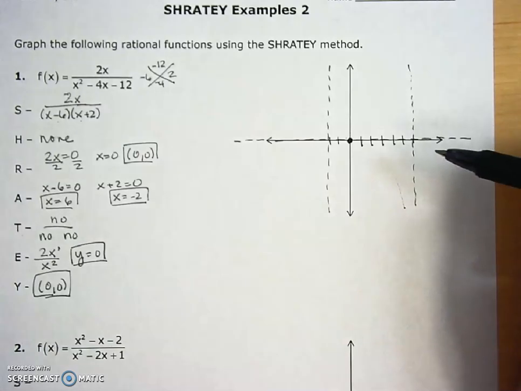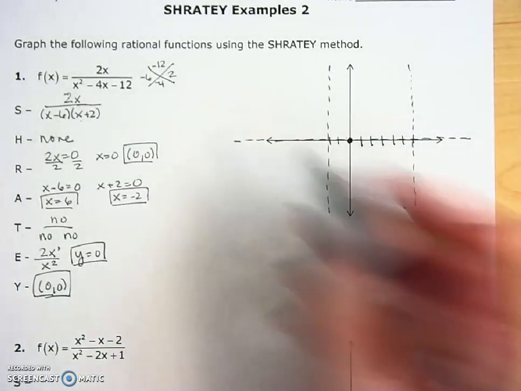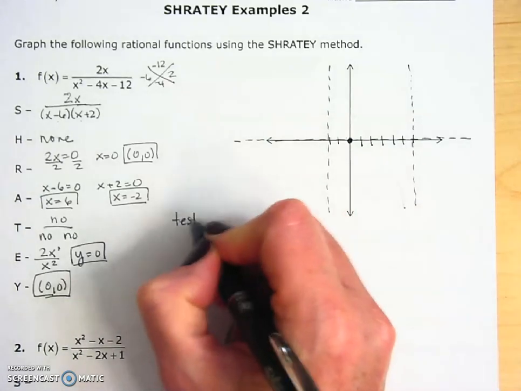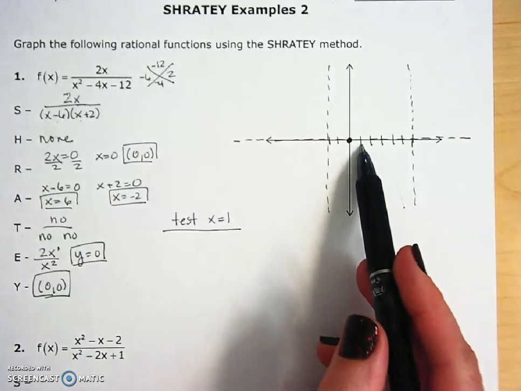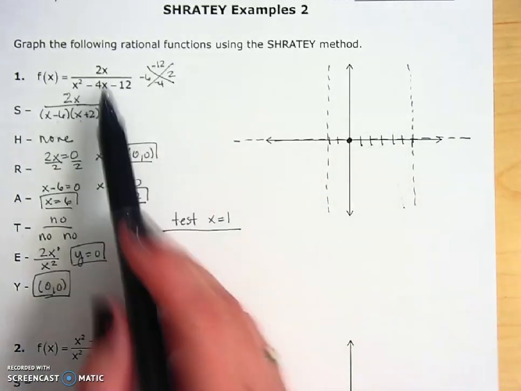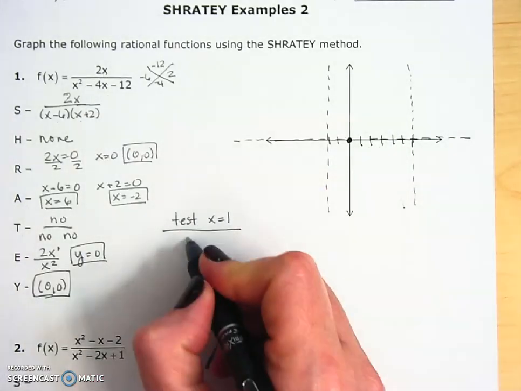Now I don't have enough information right now, so I need to do a test point. I'm going to choose x equals 1 because it's easy to do math and it's right there in my middle spot. So I plug 1 in every place I see an x.